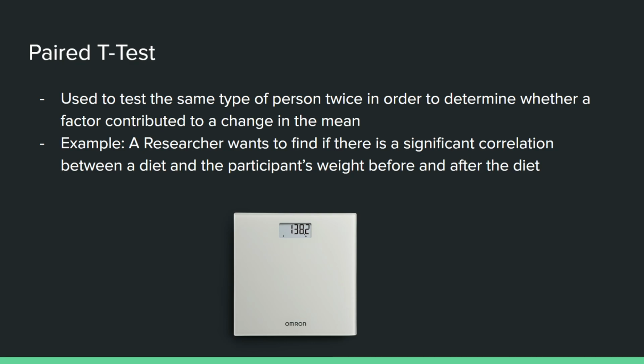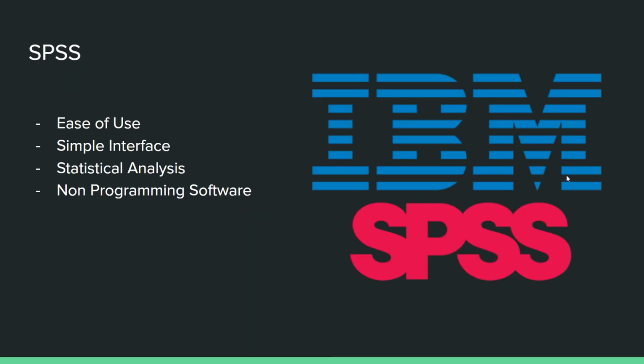So now that we understand how each of the t-tests work, what a general t-test is, and how to perform it, we can get into SPSS itself in order to familiarize ourselves with the program just a little bit. SPSS is one of the biggest statistical analysis software that is touted for its ease of use and simple interface.